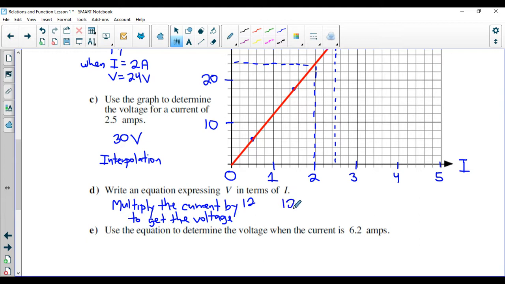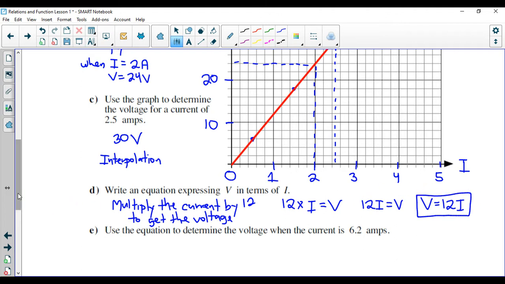So 12 times the current I would be equal to the voltage. But we don't need to write down the multiplication symbol. We can just write down 12I is equal to the voltage. But let's write down the voltage variable first. We'd have V is equal to 12 times I. And let's box that.